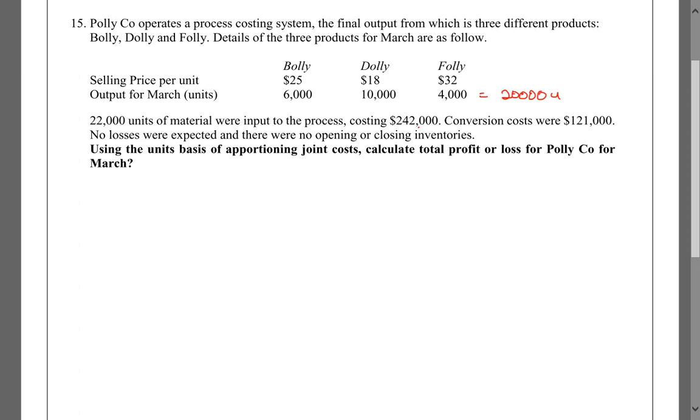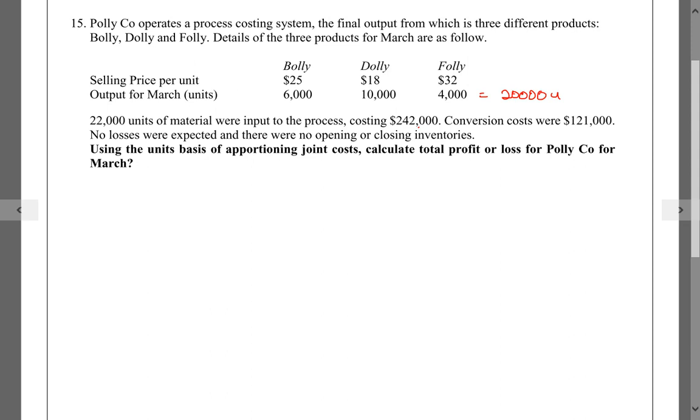20,000 units. 22,000 units were input. Output is 20. Input 22, output 20. The cost is 242, 1 to 1. No losses were expected. 0 normal loss. And I have a loss or not? How many unit? 2.